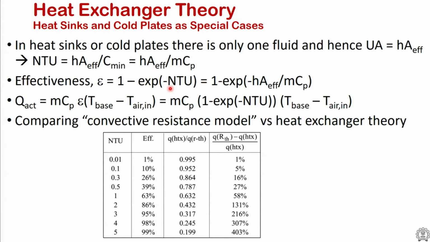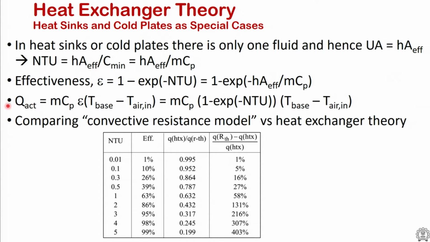We're not doing anything else except that the NTU is now defined based on HA effective, where h is the heat transfer coefficient for the fins, A is the effective surface area of the fins, divided by the m Cp of the air, where m is the mass flow rate and Cp is the specific heat capacity of air. So this gives us the NTU relationship, coming from the counterflow heat exchanger theory.